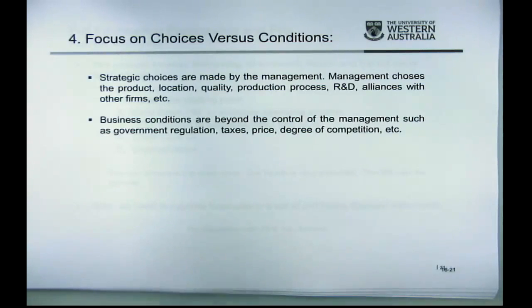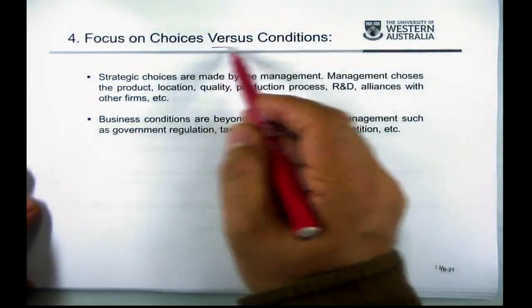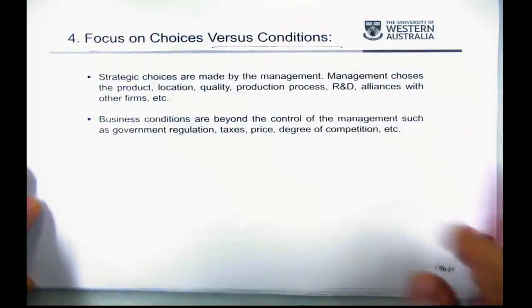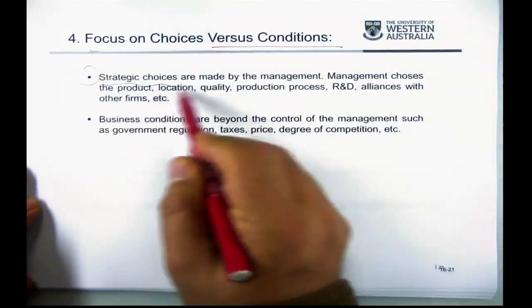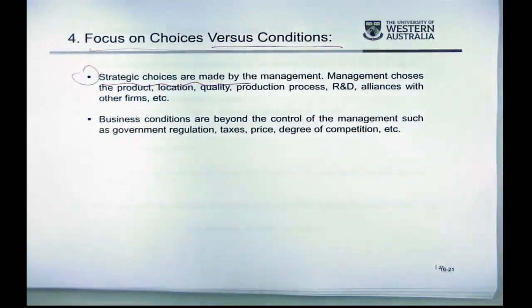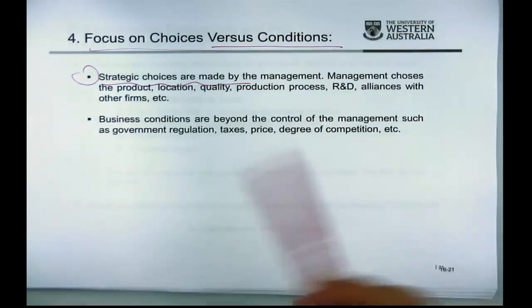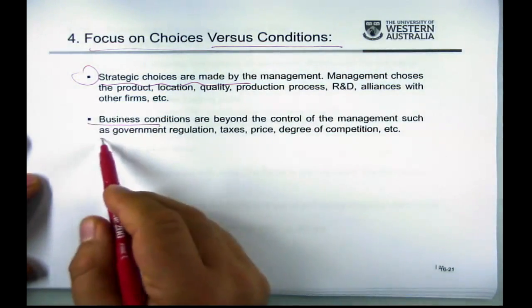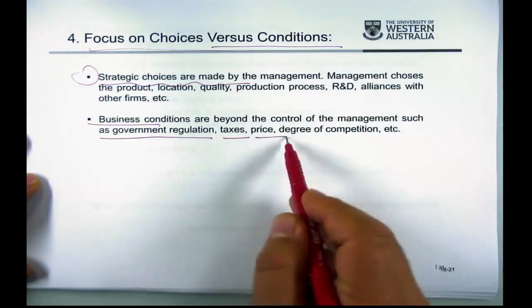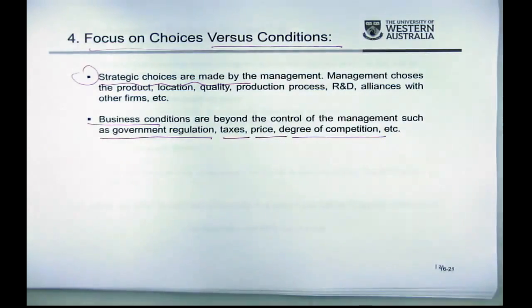And also focus on choices versus conditions, or you need to make a clear distinction between strategic choices or decisions made by the management and those that are beyond the control of the management, such as business conditions. For example, government regulation, taxes, price, degree. These factors may affect the drivers of the firm, and these factors are beyond the control of the management, right?